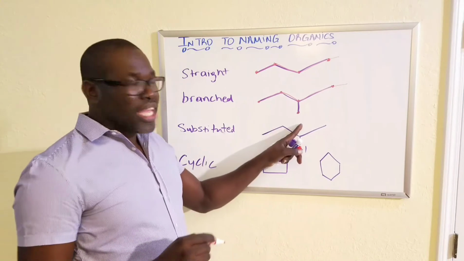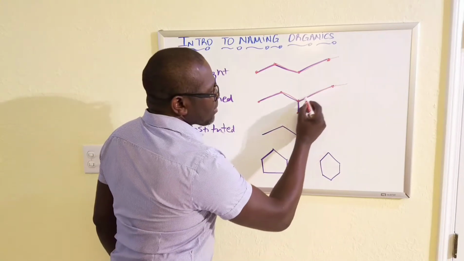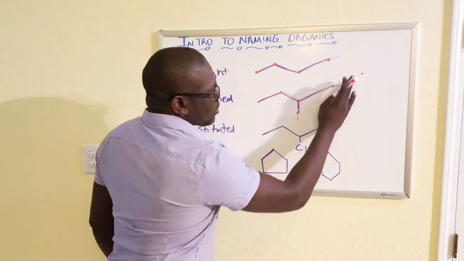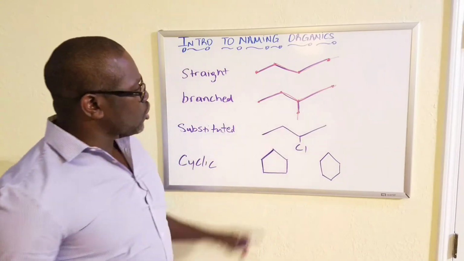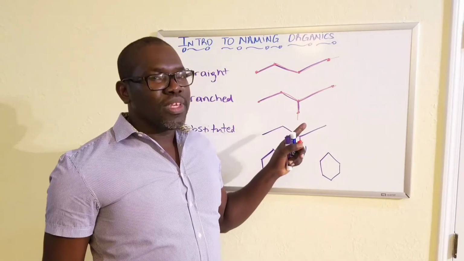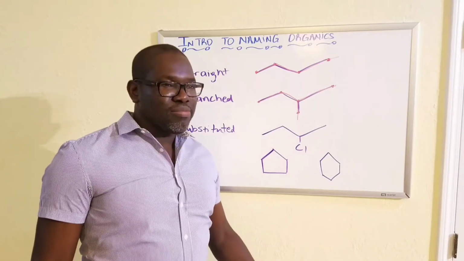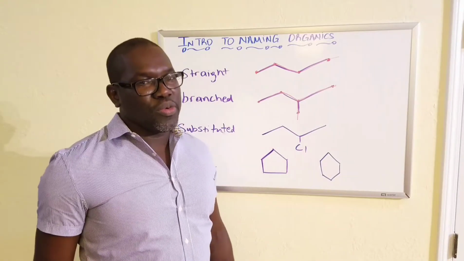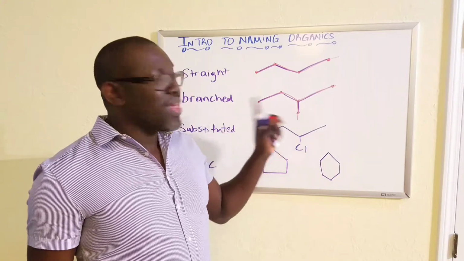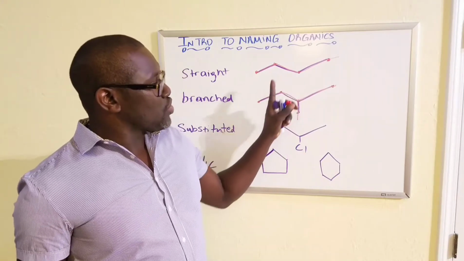But for me to get to this one, I would need to go back this way and go down. So it means that I have a junction in this molecule. And that's how I know that it is branched, because it has a junction in the molecule. Alright? So there you have the difference between straight and branched.